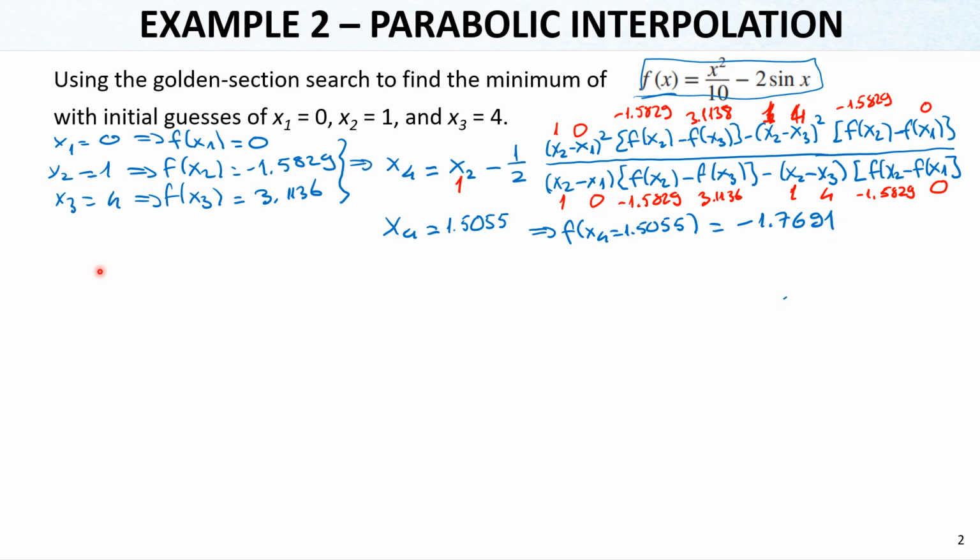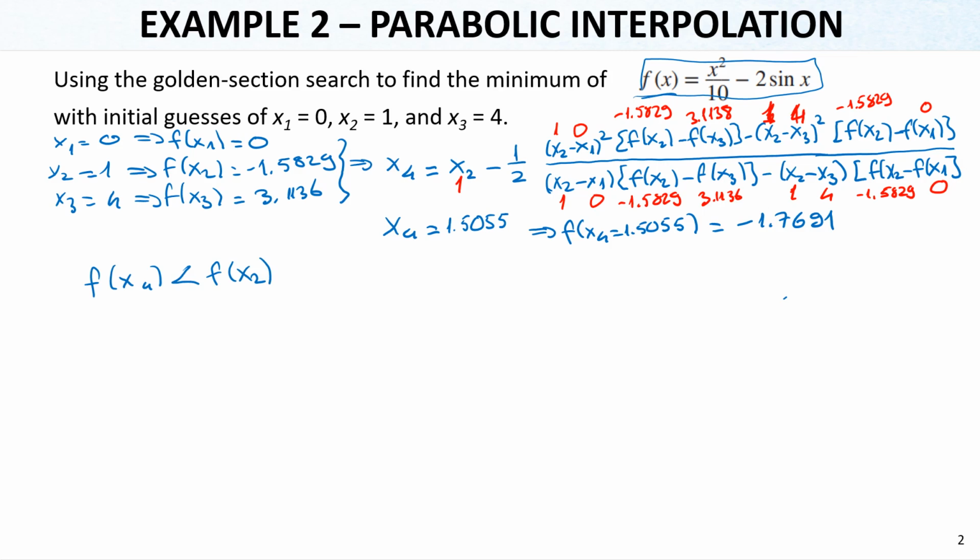So for the next iteration, we will use a strategy similar to the golden section search to determine which point should be discarded. One of them will be eliminated, and because the function value for the new point is lower than for the intermediate point x2, we will check: f(x4) is smaller than f(x2).